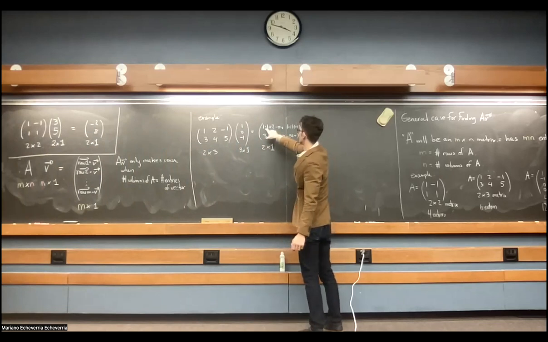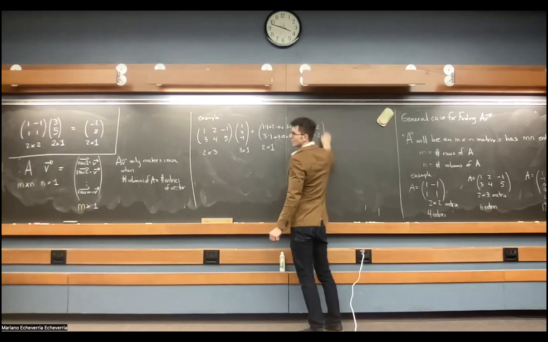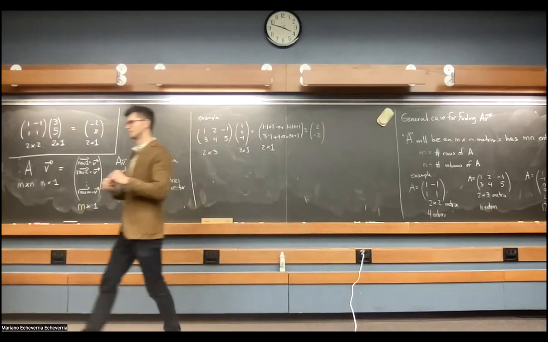And this gives you what? 1, this goes away, then this gives you 1 as well, so it gives you 2. And this gives you 3, this one goes away, and then 3 minus 5 gives you -2. So this is the vector (2, -2).